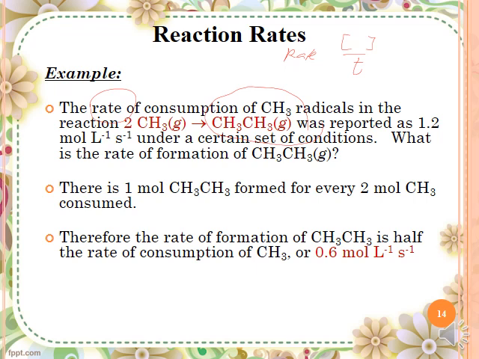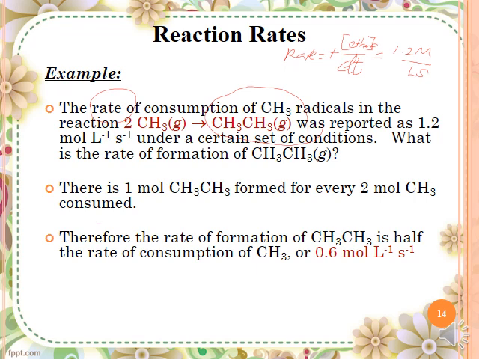Because it's referring to a product, it's a positive value, with no stoichiometric value. This is ethane, CH3CH3, over dt. So the value given is 1.2 mole per liter per second.